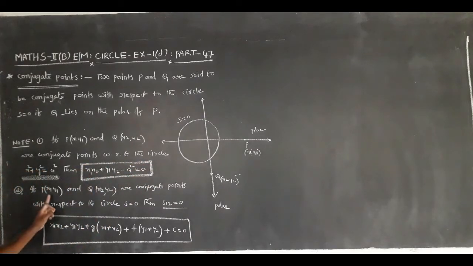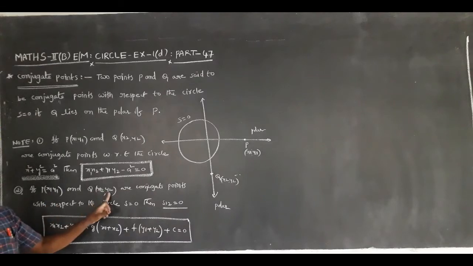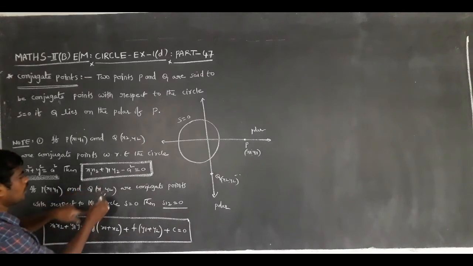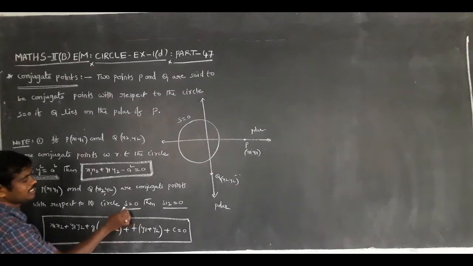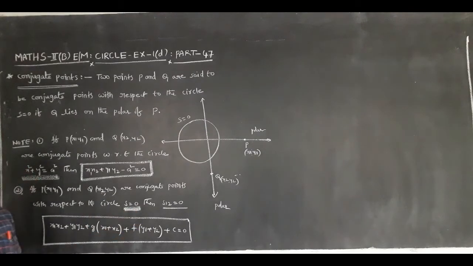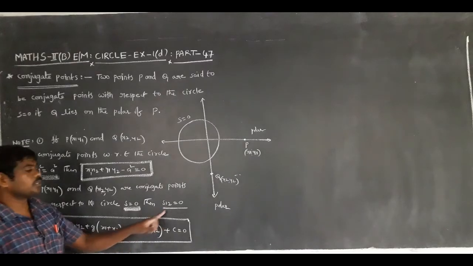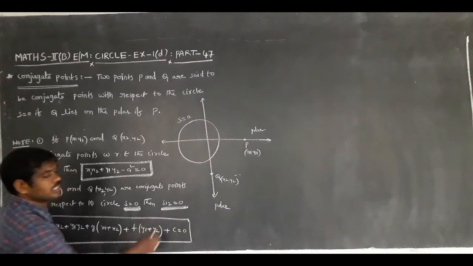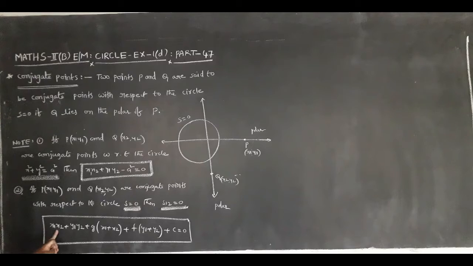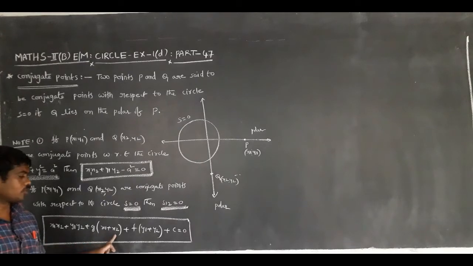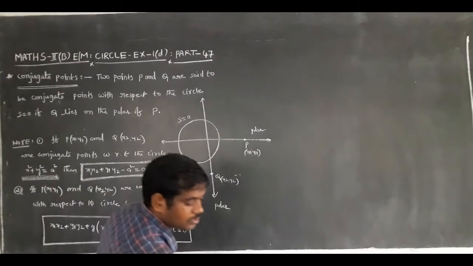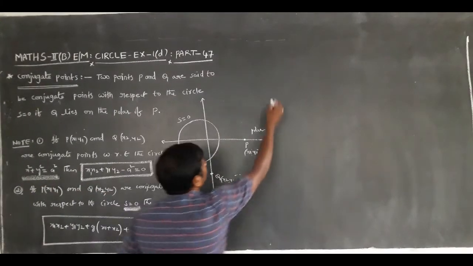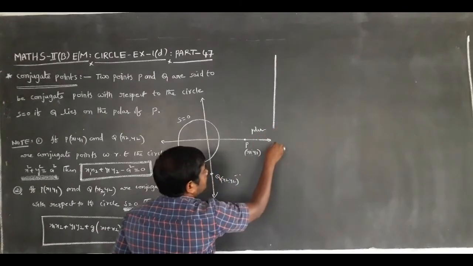Second one: if P(x1, y1) and Q(x2, y2) are conjugate points with respect to the circle S = 0, then S12 = 0. S12 means x1x2 + y1y2 + g(x1 + x2) + f(y1 + y2) + c = 0. One example problem.